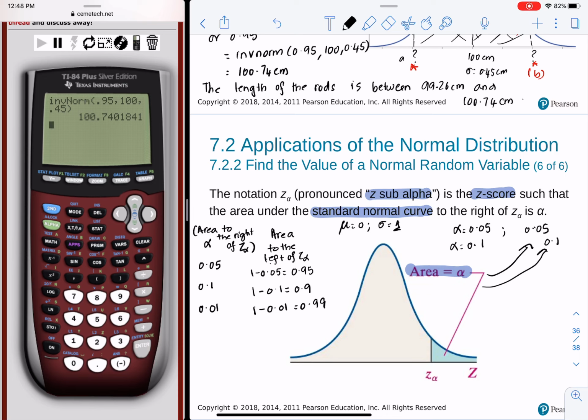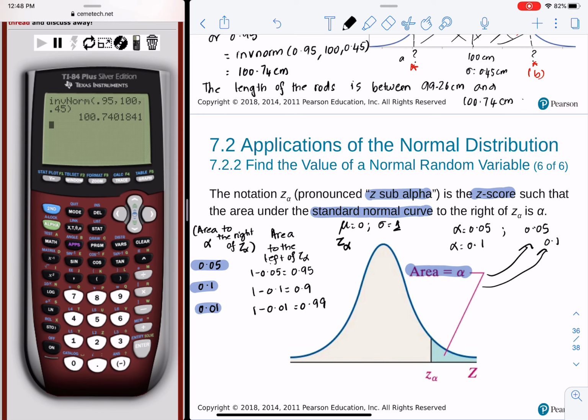So we know the areas below Z alpha for each of the three alpha values that I considered, 0.05, 0.1, and 0.01. So we can use inverse norm for each case and find Z alpha.